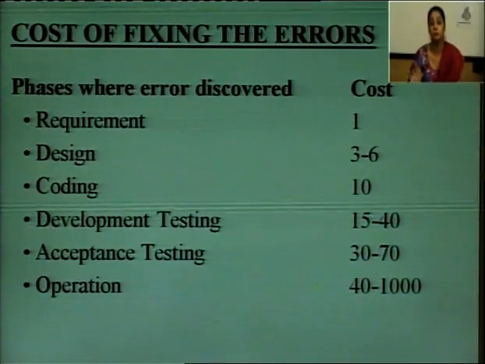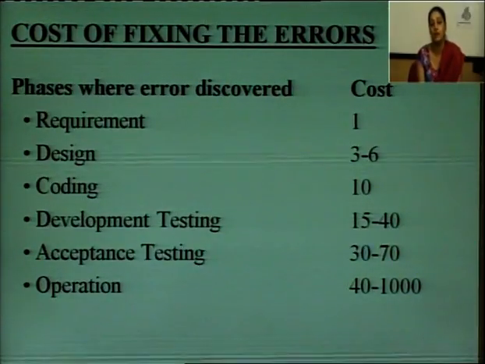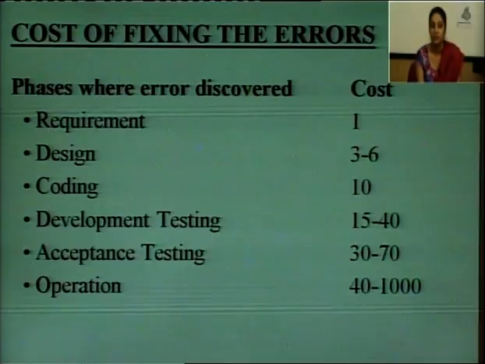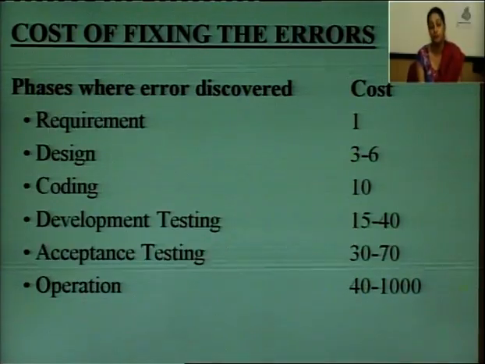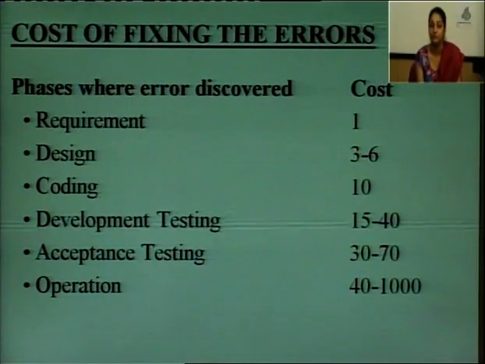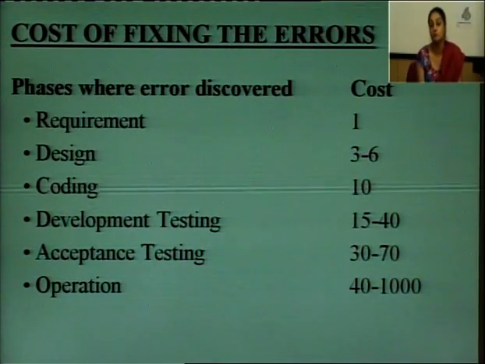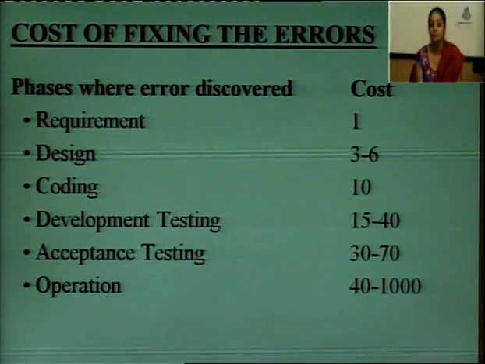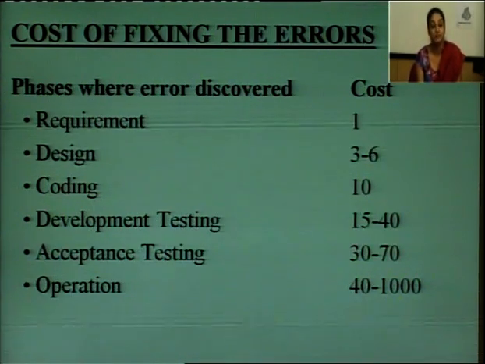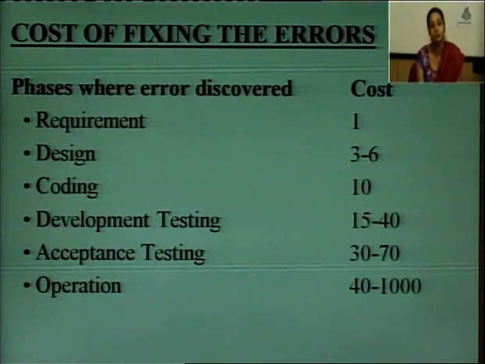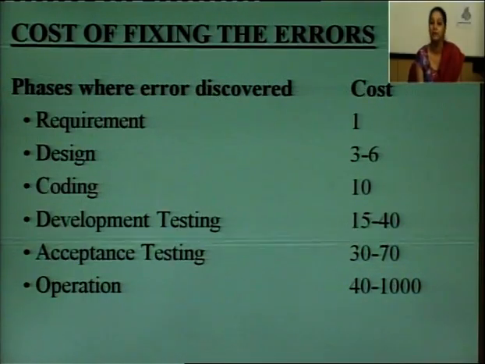Now the various costs which we have to pay for the bugs. If we find the error at the requirement phase, it costs us 1 rupee, one time. But if we find that error at the design phase, it goes up to 3 to 6 times, and if we find it at coding time, it goes up to 10 times.